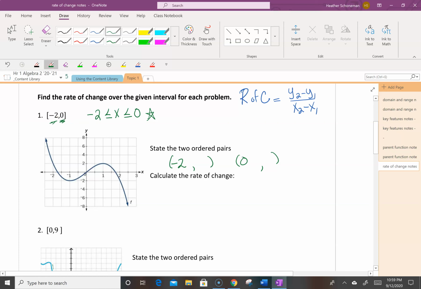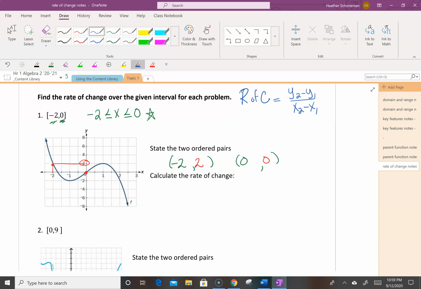But what you're missing is the y, so you need to find the y. Well, at -2, I'm going to go up to my graph, and that's the point where x is -2, and y is +2. Now I'm going to do that again. At 0, oh, it's all right here. This one's easy. At 0, the y is 0.